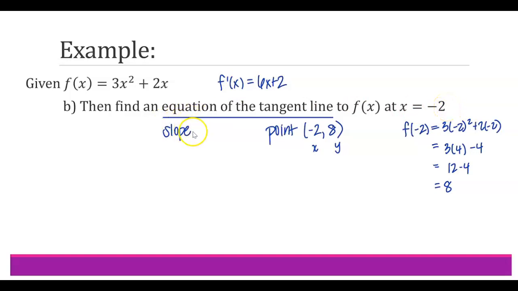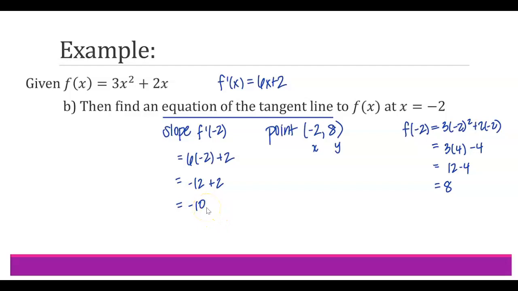So to find the slope, we're going to plug -2 into our derivative function. So we want f prime of -2. So that's 6 times -2 plus 2. And so that's -12 plus 2, or -10. Now I have a slope.